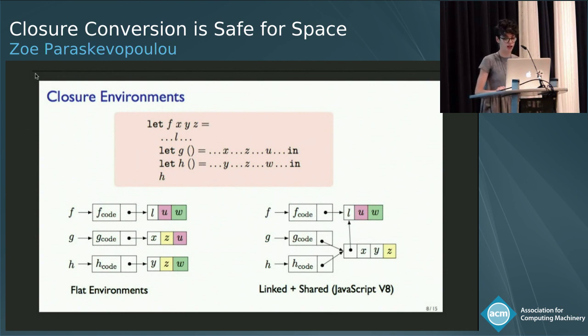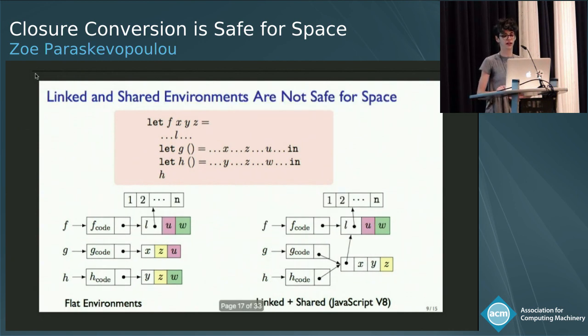So why? Because consider this example. It might be that the lifetime of H can extend longer than the lifetime of F. So H might be alive in our program longer than F does.